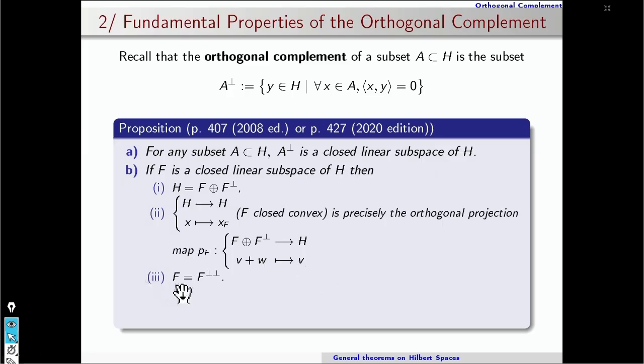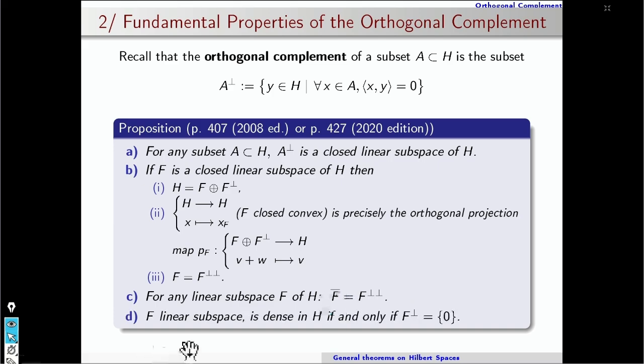And finally, when F is closed, it is equal to its double orthogonal complement. If F is not closed, then the double orthogonal complement of F is equal to its closure. And last property: if F is a linear subspace, then one has the equivalence that F is dense in H if and only if F orthogonal is reduced to 0.